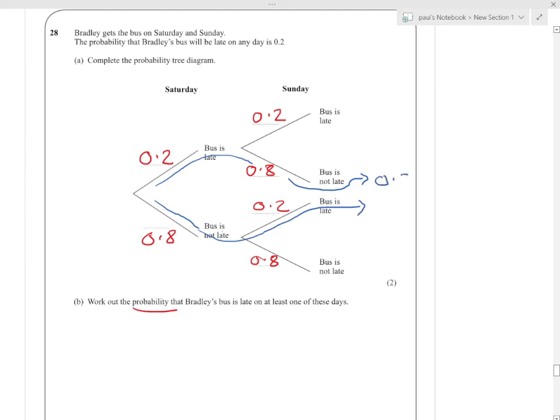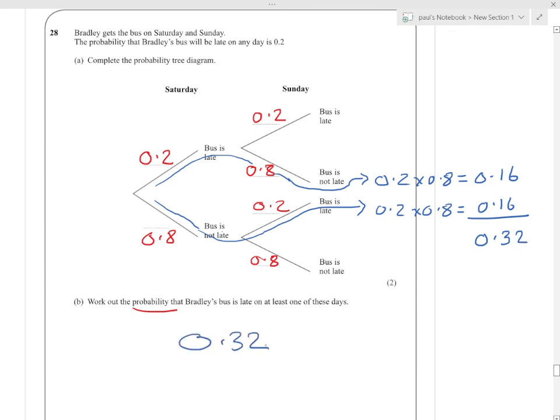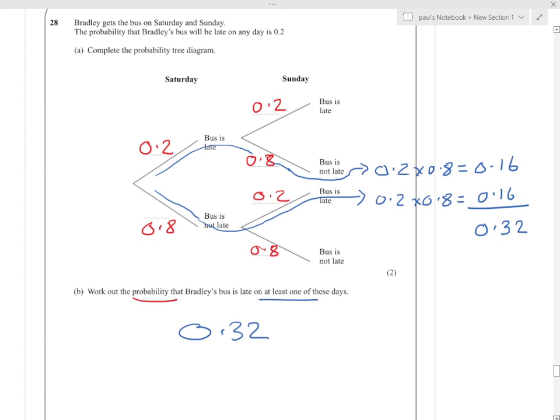So we've got 0.2 times 0.8 and 0.2 times 0.8. 0.2 times 0.8 equals 0.16, and that's the same thing, 0.16. So there's the two possibilities that it's going to be late. Add them together, 0.32, at least one of the days.